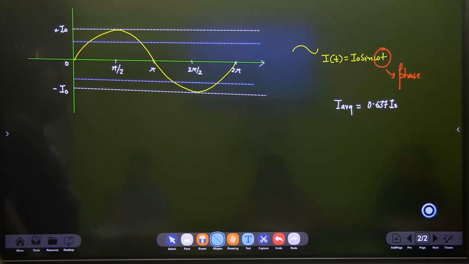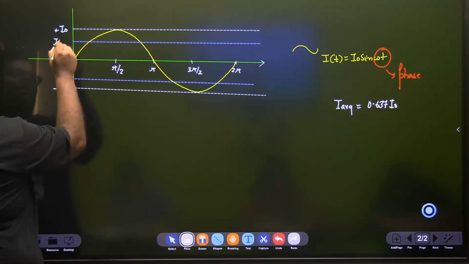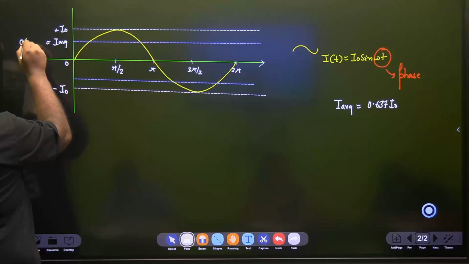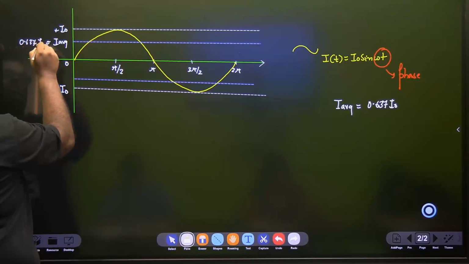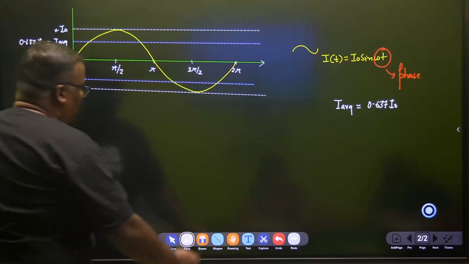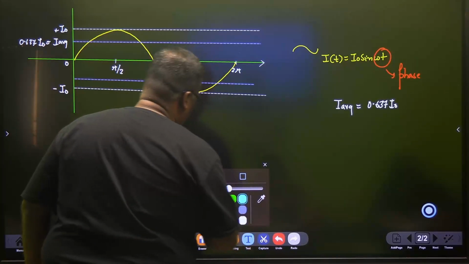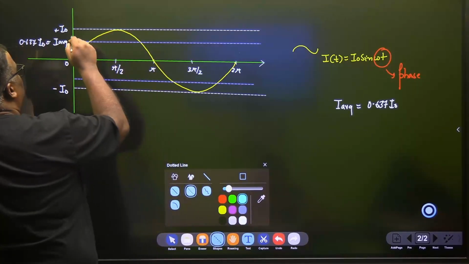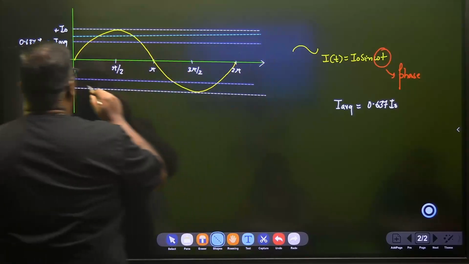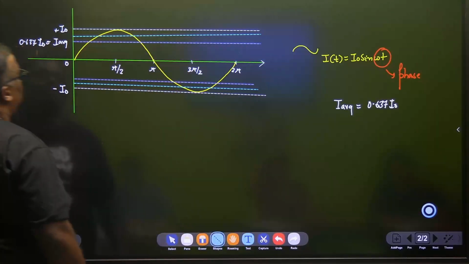Did you understand? This is I average, IAVG, which is equal to 0.637 I naught. Then we also need the RMS value, which is of more importance, and that is 0.707. So a little bit higher than this, somewhere here.